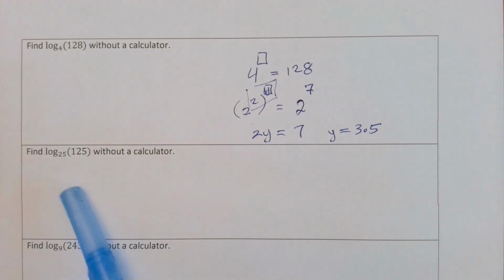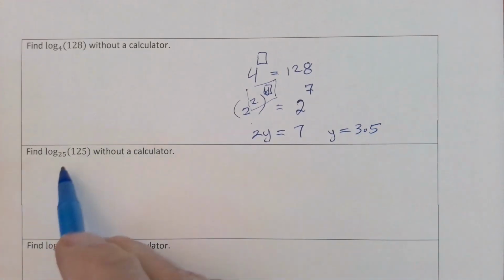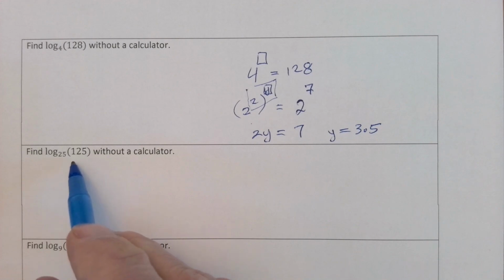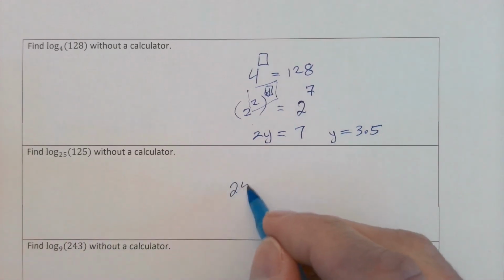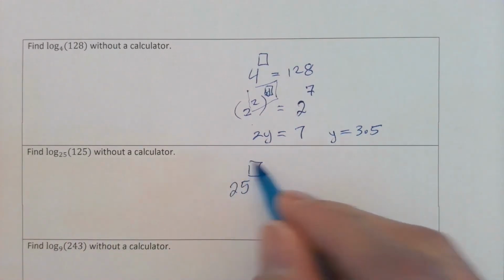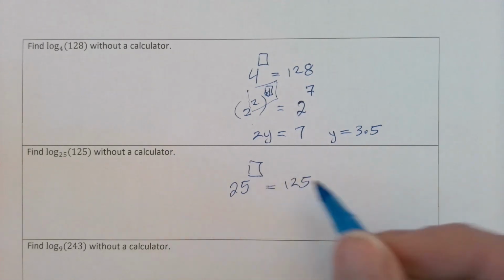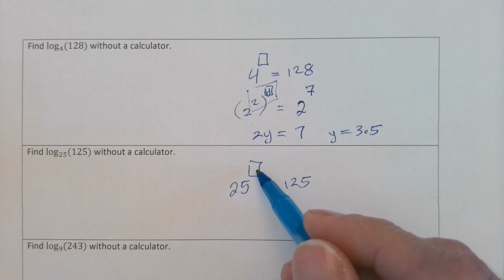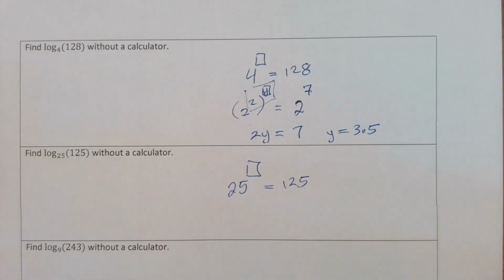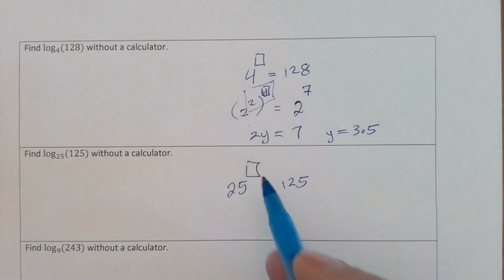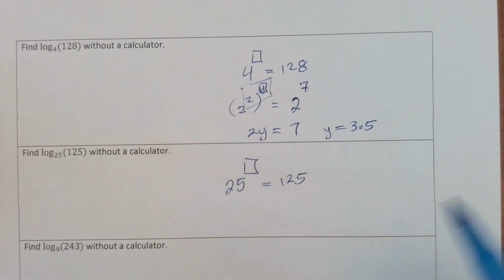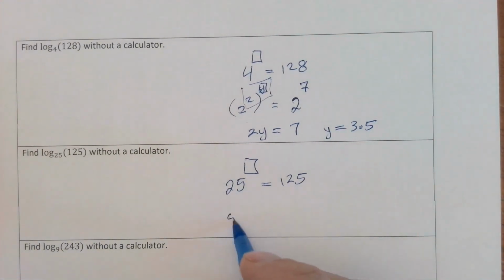And then I'm going to show you a shortcut on both of these. Finding the base 25 log of 125 is exactly equivalent to figuring out what exponent goes here. But 25 to the first is 25, and 25 squared is 625. So there is no whole number power of 25 that's going to equal 125. But you know, these are both powers of 5.